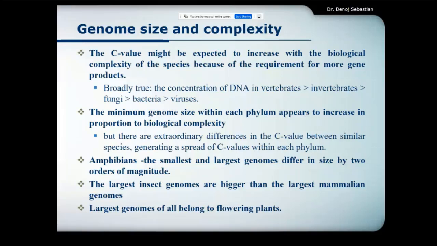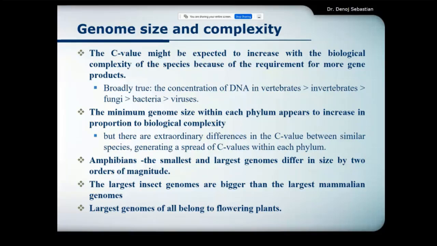So normally we assume that the number of genes required for such higher order organisms, or the organisms with higher biological complexity, is higher. So the C value is normally expected to be higher in the case of higher order organisms, because we are expecting more gene content in such complex systems. So that's what we normally expect.